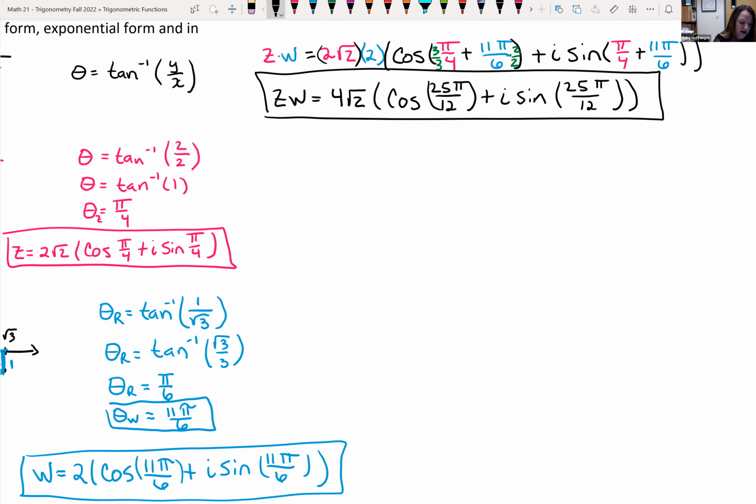So here it is, the product of those two complex numbers in polar form. To rewrite this in exponential form, z times w is this 4 root 2 e to the i times that sum of those two angles, which we found to be 25 pi over 12.